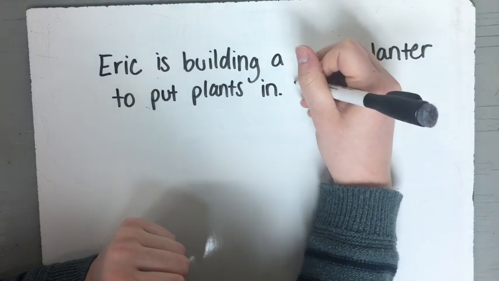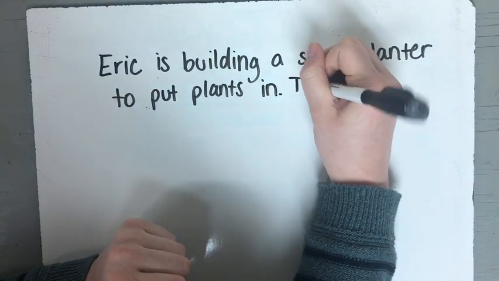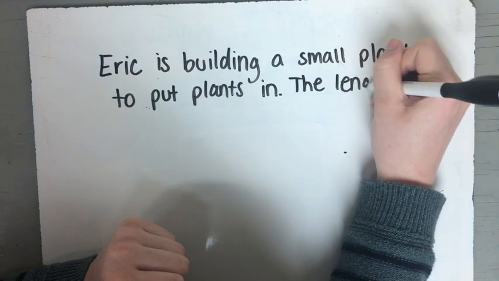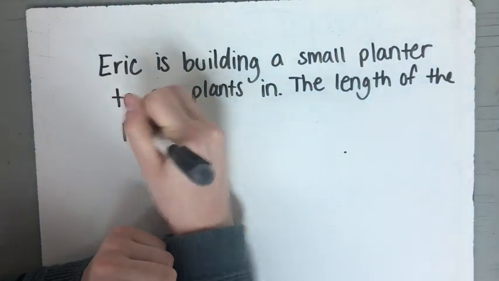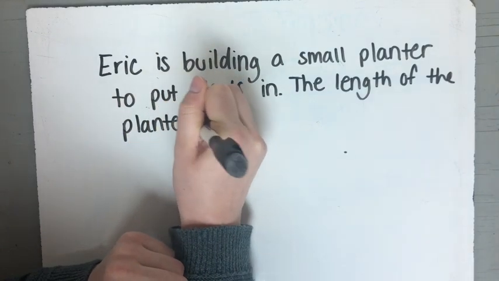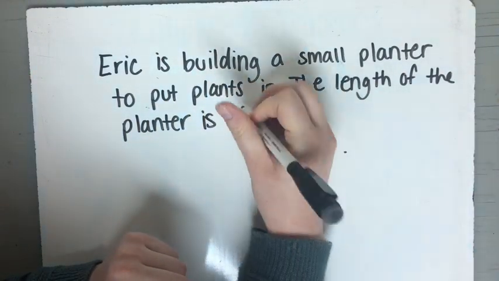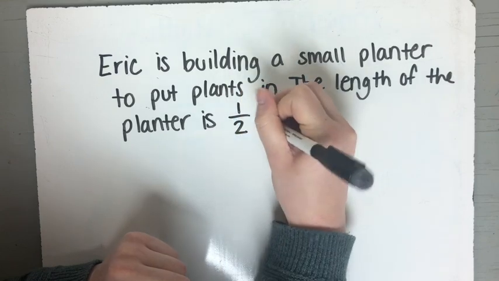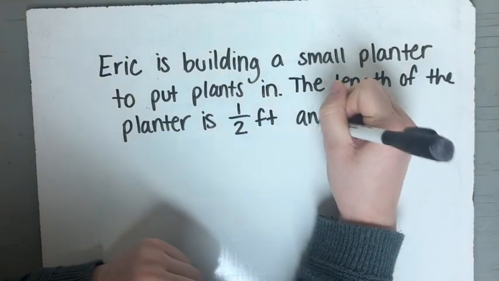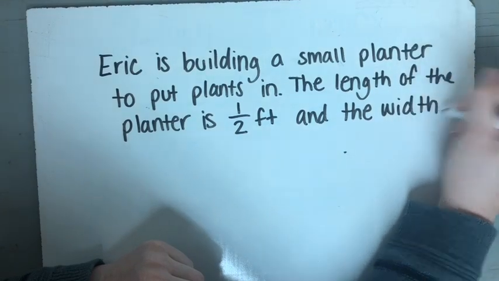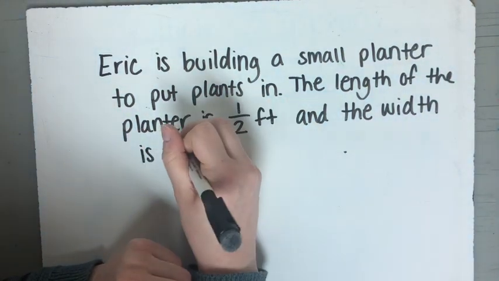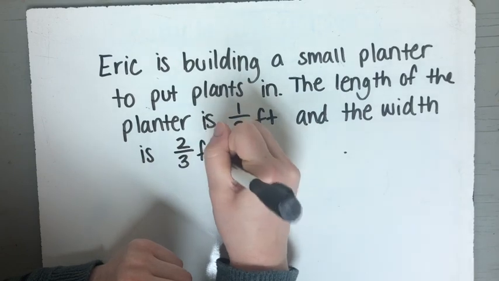Okay. The length of the planter is 1/2 of a foot, and the width is 2/3 of a foot.